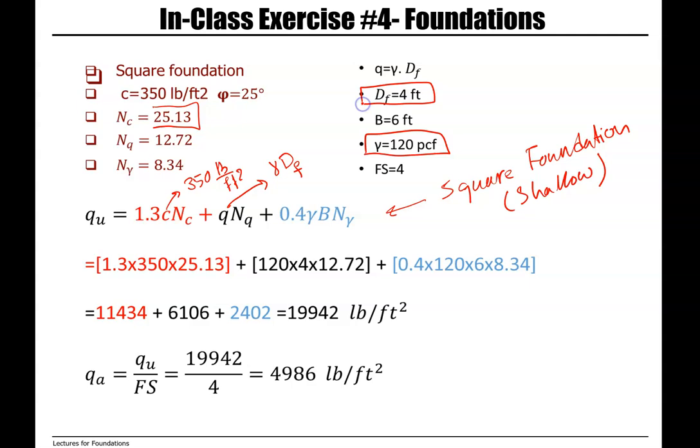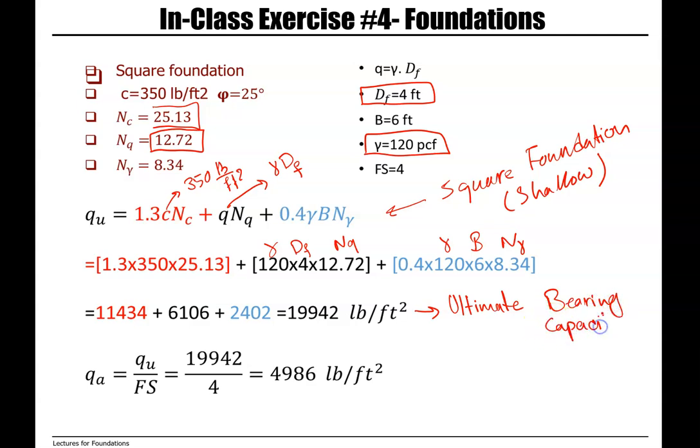DF is 4 feet and NQ is 12.72. 0.4 times gamma, which is 120. Width of foundation and N gamma. So this is our ultimate bearing capacity for our shallow foundation.